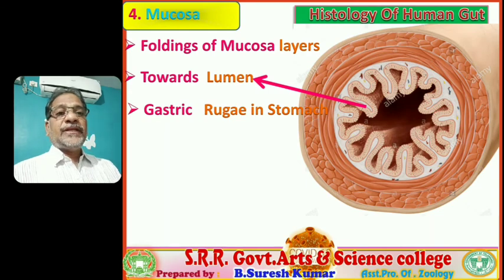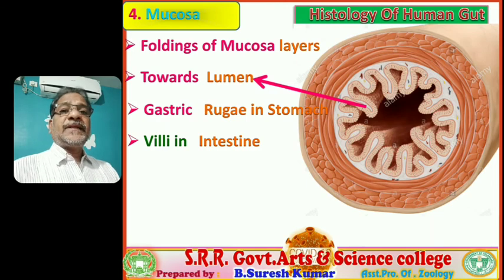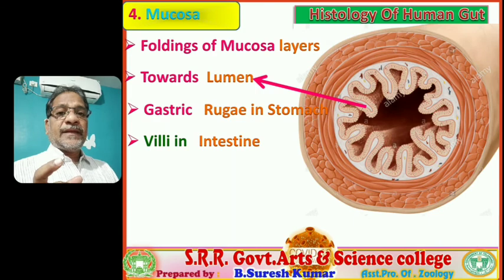In the stomach region, the same foldings are named rugae, gastric rugae. The same kind of foldings present in the intestine are called villi. The names are different, you remember, child. So gastric rugae are restricted to the stomach. Gastric, stomach also called gaster.